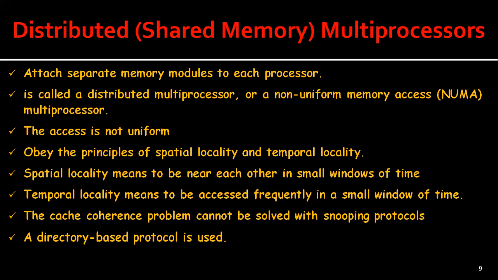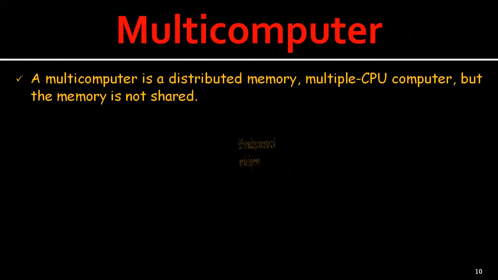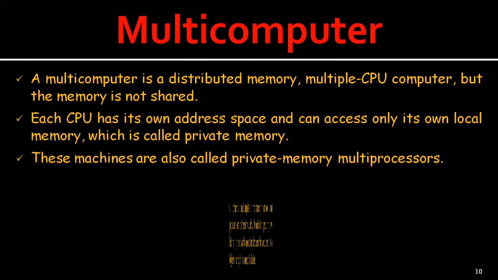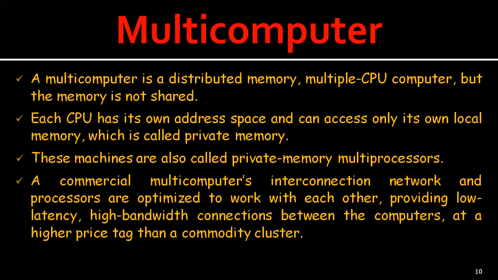Now let us see what a multi-computer is. A multi-computer is a distributed memory, multiple CPU computer, but of course the memory is not shared, and each CPU has its own address space that can be accessed only in the local memory, which we call private memory. So the same address on two different CPUs refers to two different memory locations.